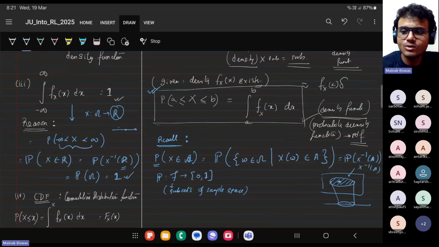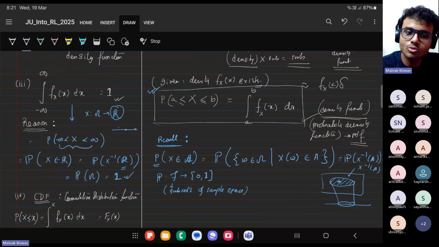Now, in continuous distributions, the PDF actually may not exist. There are some functions where you will have discontinuities and jumps, for example, the ones that we did yesterday. For example, for discrete functions, PDFs won't exist.